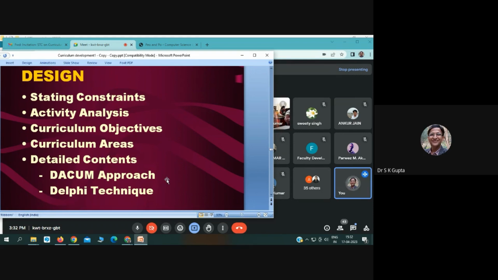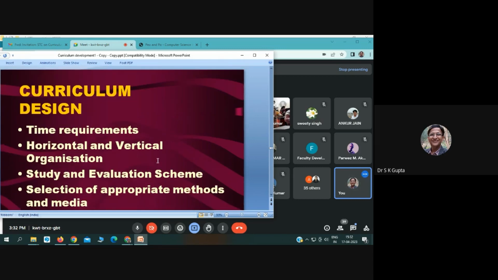We conduct a workshop and decide the contents, decide the curriculum areas. While in the Delphi technique, we collect the information from the stakeholders through a questionnaire. The questionnaire can be sent through mail or can be posted also. So through that we collect the information.